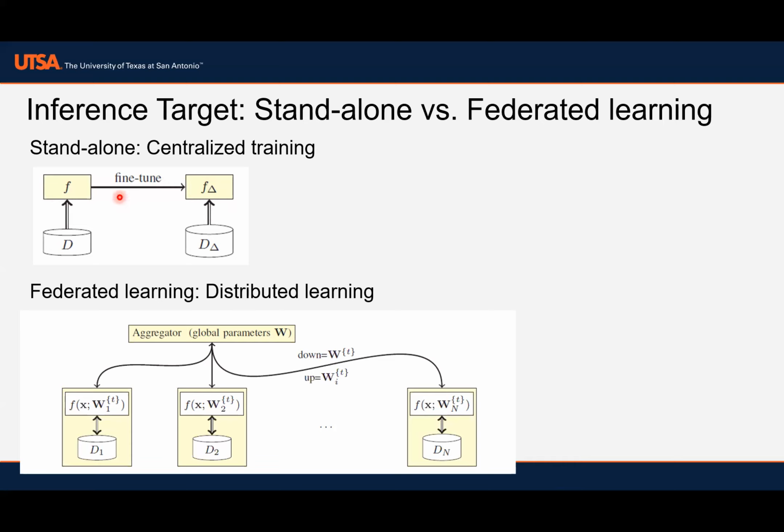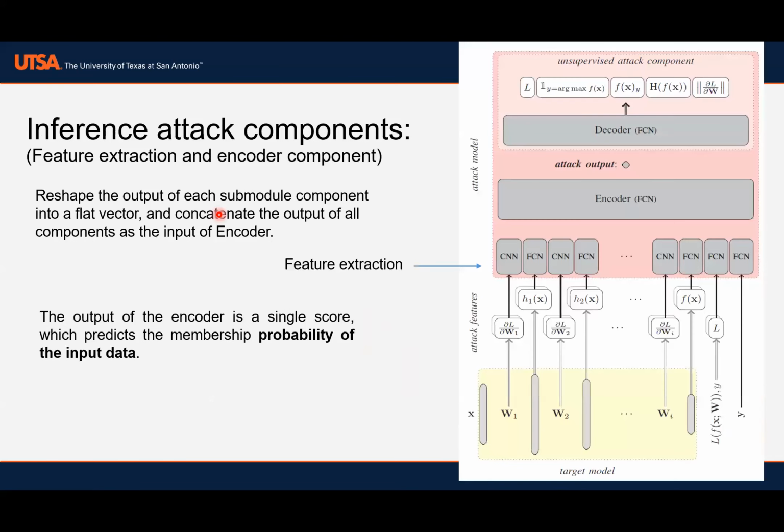So you mean that we're using the method you mentioned before to check whether a D delta belongs to D? Can you go back to the previous slide, the method? You are trying to use the membership inference attack, right?